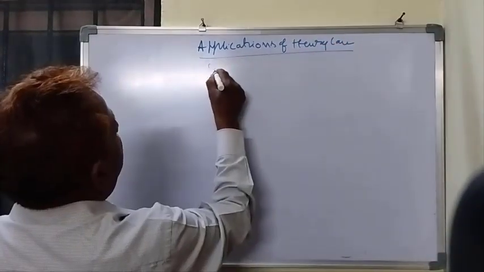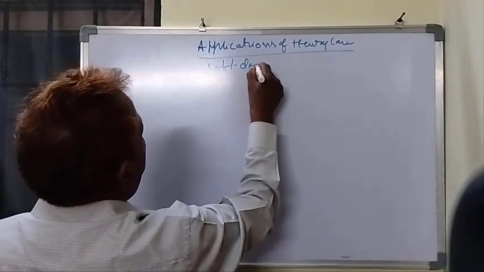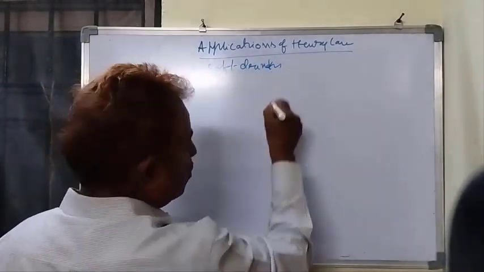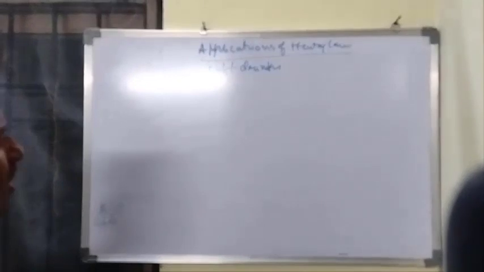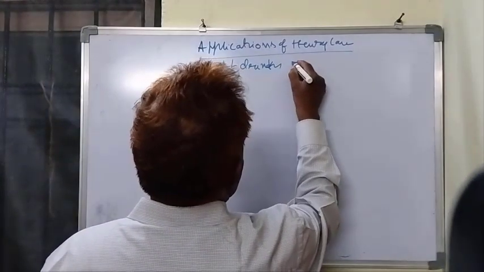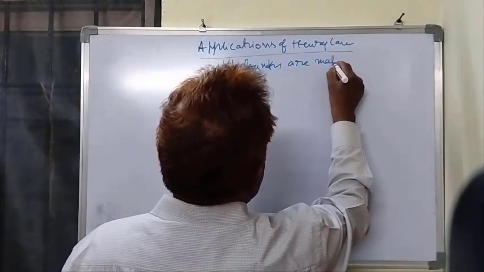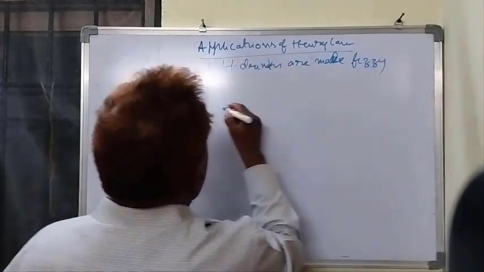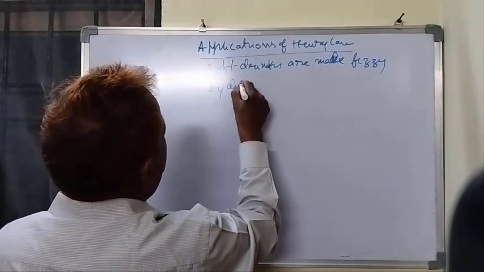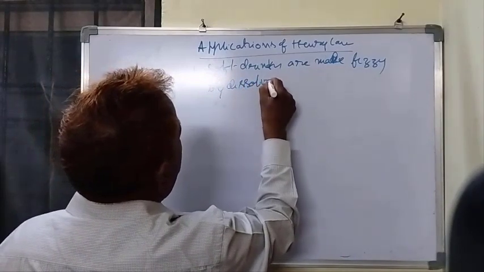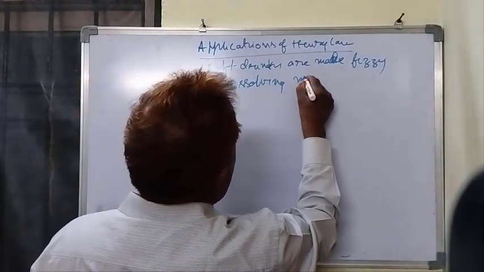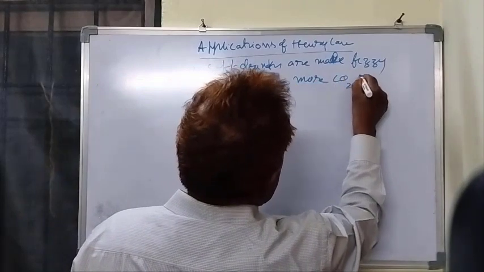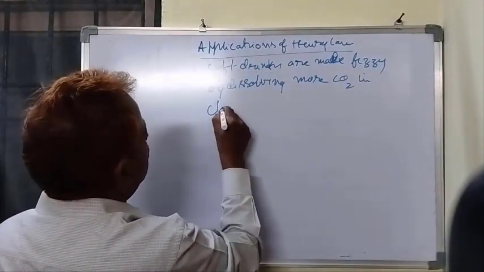Number 1, soft drinks like soda water and other soft drinks are made fizzy by dissolving more carbon dioxide in closed bottles.